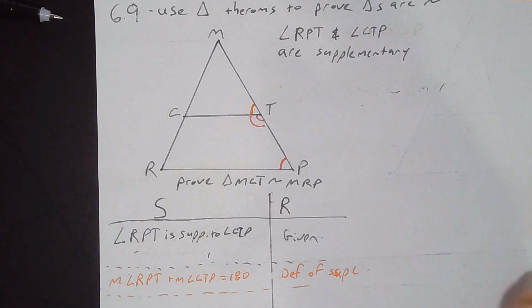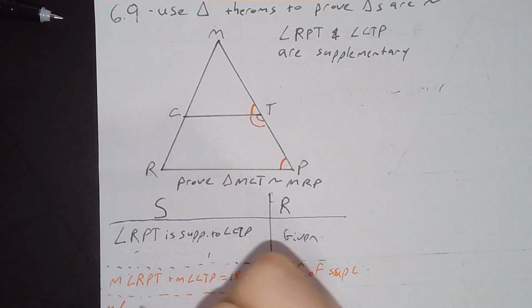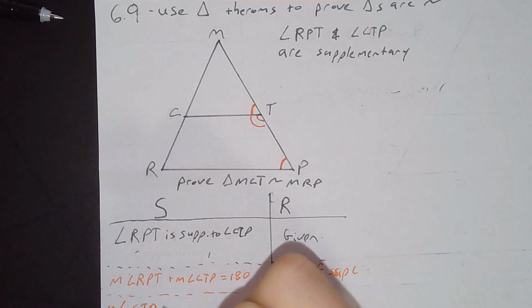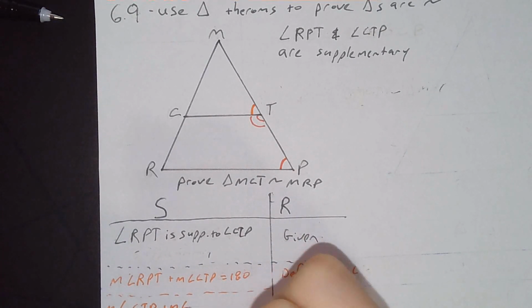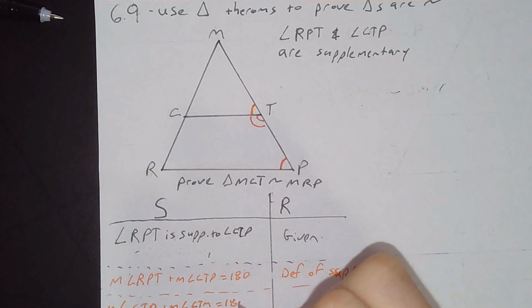Right, so I'm going to say that the measure of angle CTP plus the measure of angle CTM equals 180.